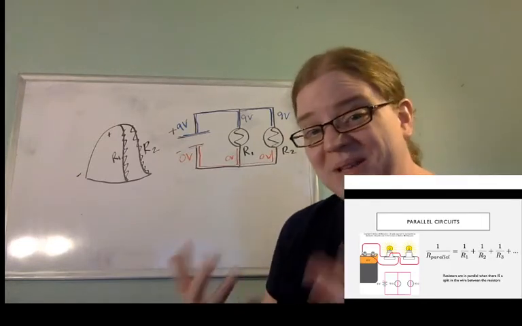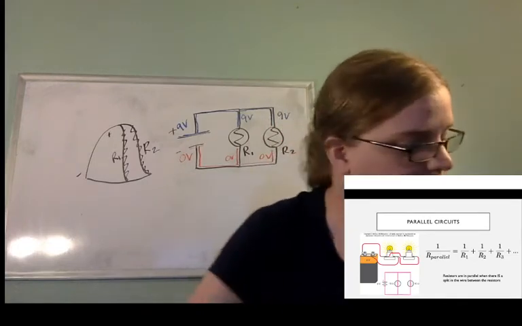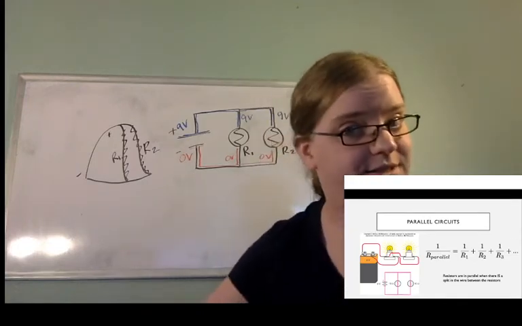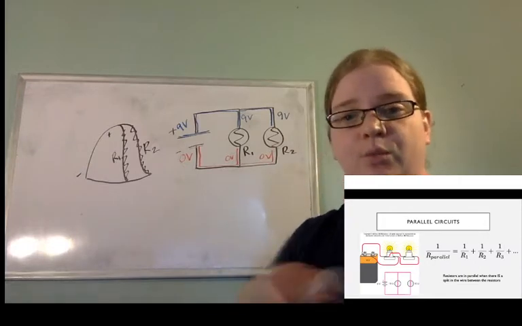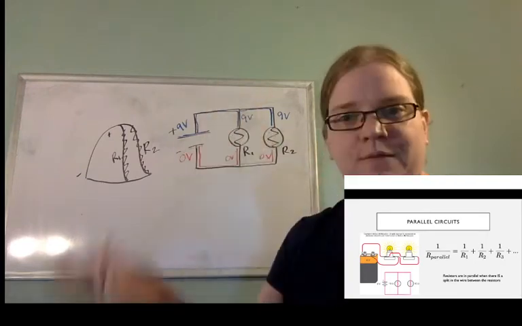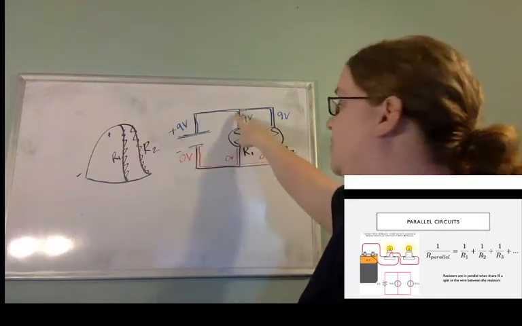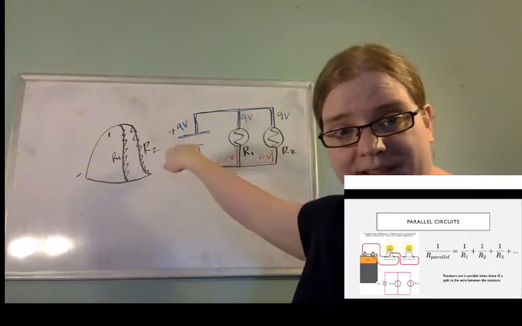But what's really interesting is now you've given the current a choice, okay? When there's only one loop, when there's only one path that the current can take, everything in the circuit has that same current. But now we split it, we give it a choice.